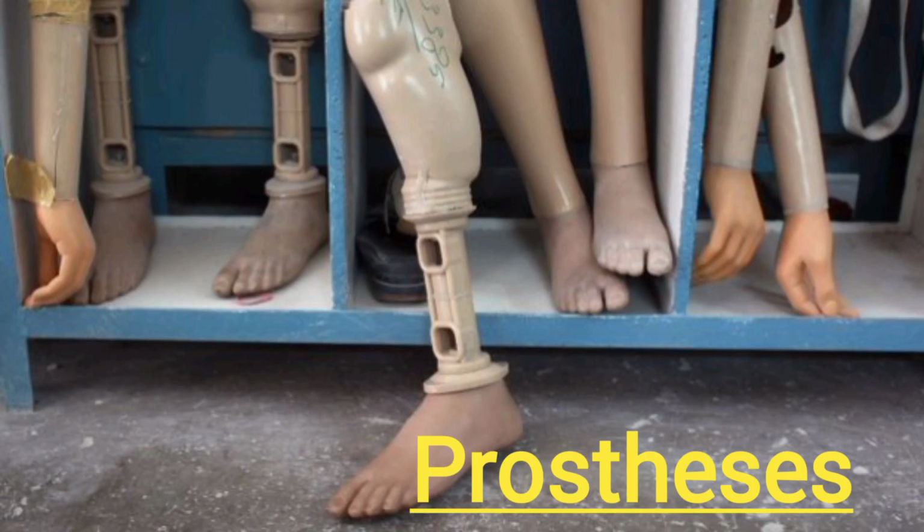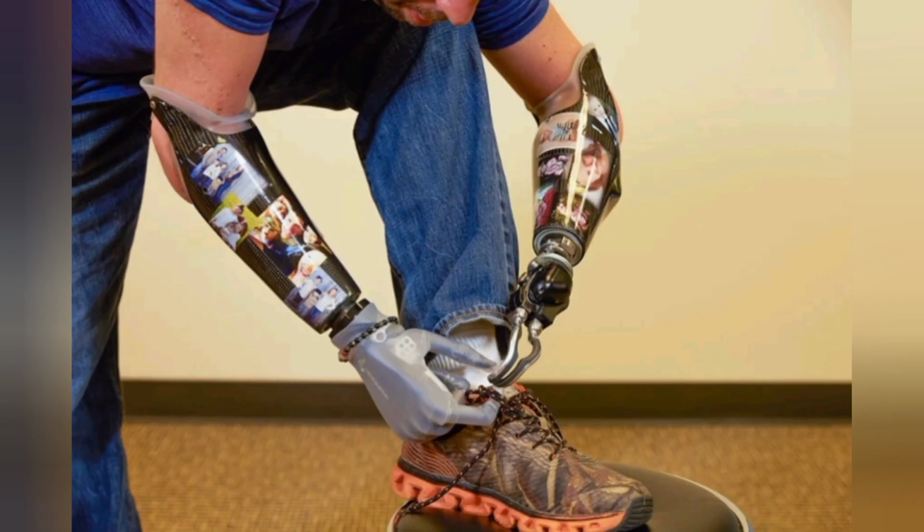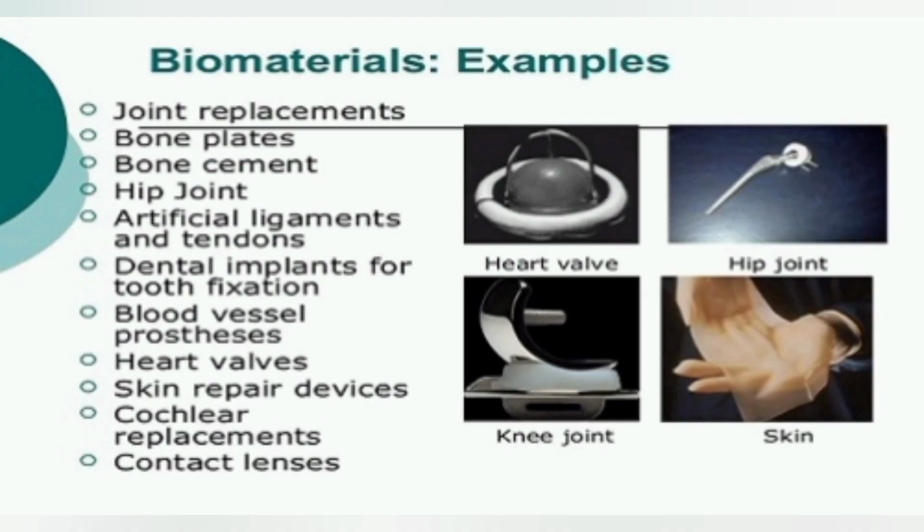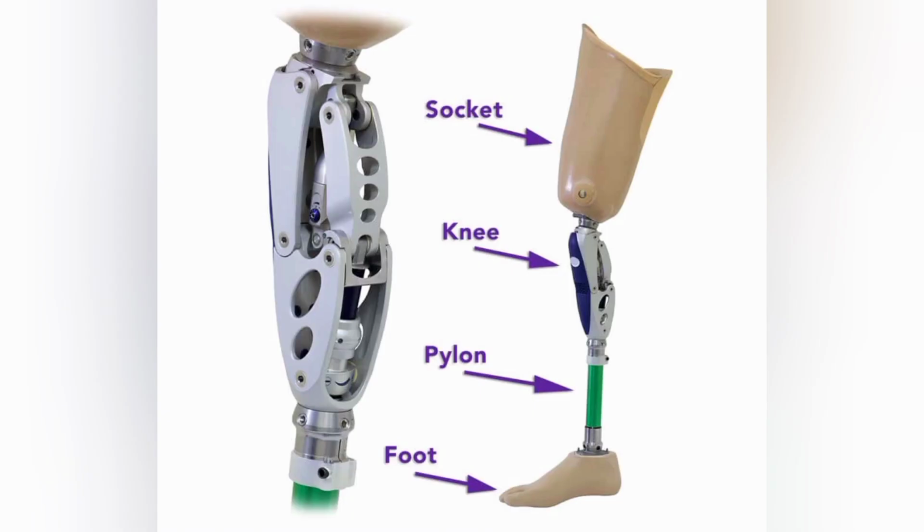Next is prosthesis. It is a device that replaces a part of the body such as an artificial leg, arm, fingers, etc. or any other artificial organ. A huge list comes under this prosthesis thing. Prostheses are made up of a combination of different sized and different shaped pieces made by different materials.